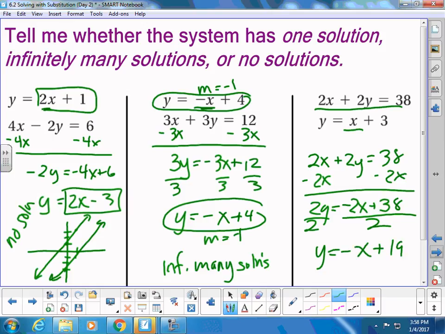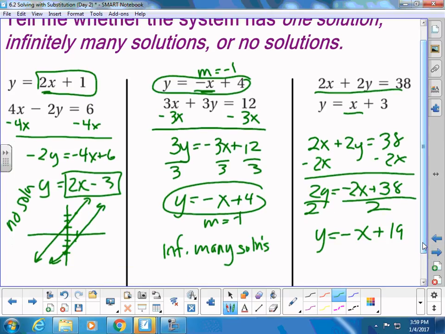These have different slopes, so they are going to intersect someplace. We could graph them and find out where they intersect. We could solve it by substitution, but it just said how many solutions there are. So this has one solution. I know it's 2 lines. If I graph them, it's going to intersect somewhere.